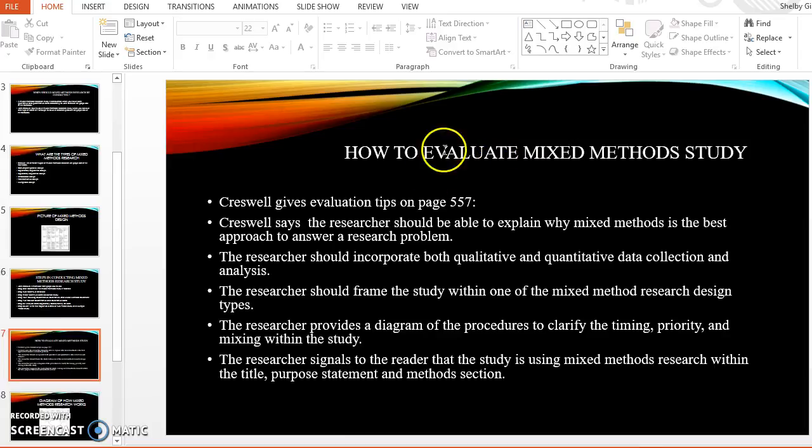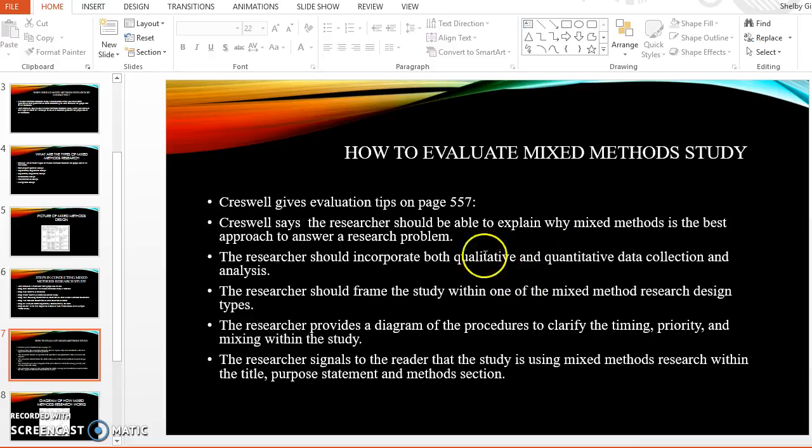So, how to evaluate a mixed method study. Creswell gives some evaluation tips. He says the researcher should be able to explain why mixed methods was the best approach to answer a research problem. You have to explain what the limitations would have been of using other methods. The researcher should incorporate both qualitative and quantitative data collection and analysis.